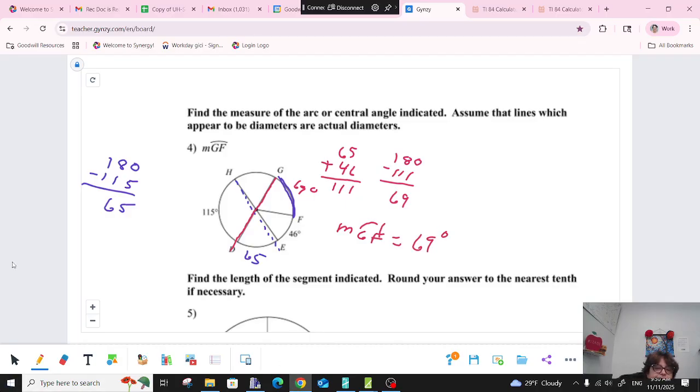So this was a two-step problem because I didn't have enough information to find GF by itself. But I knew that I have two diameters. The key to these is that it's like a puzzle. Has anybody here ever done Sudoku puzzles? Yeah? No?